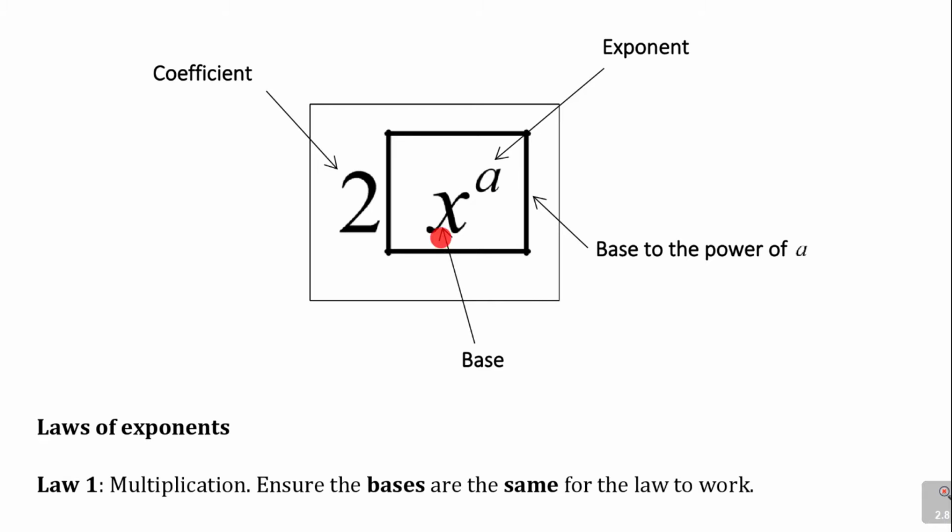So that's why we call x the base, and then the whole x to the power a, we call it base to the power a, and then a is the exponent. So in brief, if I say 5x squared, for example, 5 in this case becomes the coefficient, x squared is base to the power of 2, and x there is that particular base.